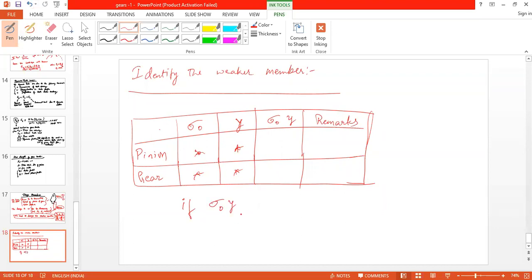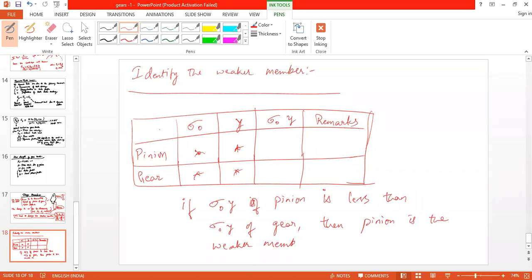If sigma OY of pinion is less than sigma OY of gear, then pinion is the weaker member. Whichever product of sigma OY is the lesser value, that will be the weaker member.